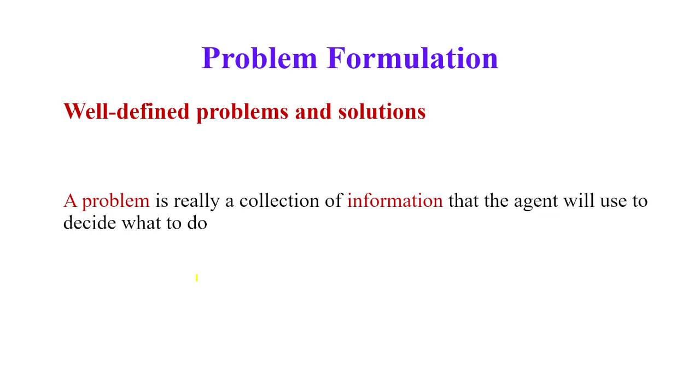Suppose you tell a robot to get a coffee. You cannot simply say get me a coffee. You have to tell each and every step: where the coffee machine is, what button to press, and what coffee in hand looks like. If you describe all these things properly, this complete description is the problem formulation.